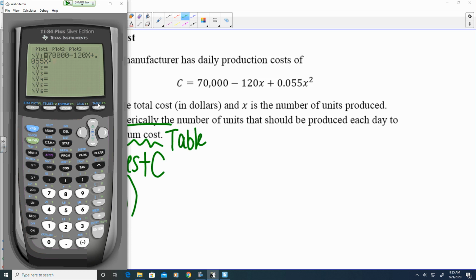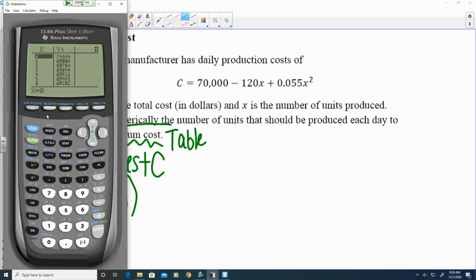It's right above the graph. If you do second graph, you can always look at a table. But we are going to need to manipulate that because right now if I look at the table, it's going to be starting at 0, which is good, but it's only going by ones, and it would take us a really long time to scroll around to try to find where this Y value is the smallest.